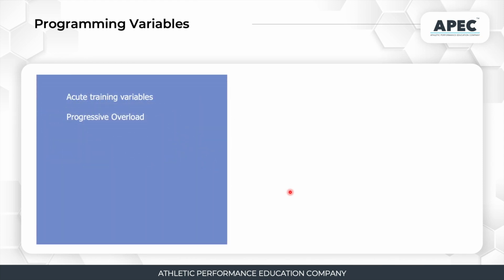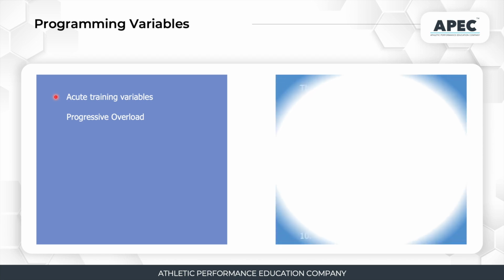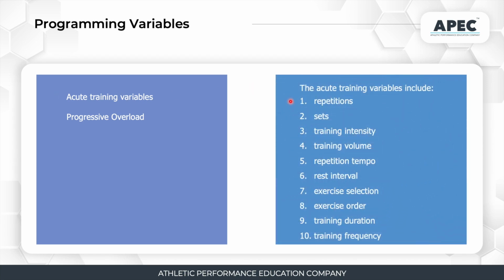So, in the next video, we are going to be concentrating on the acute training variables, and we're going to be looking at how we apply those acute training variables to achieve progressive overload in the programs that we're building. So the acute training variables that we're going to be focusing on are the acute changes that happen week by week over a phase of training.